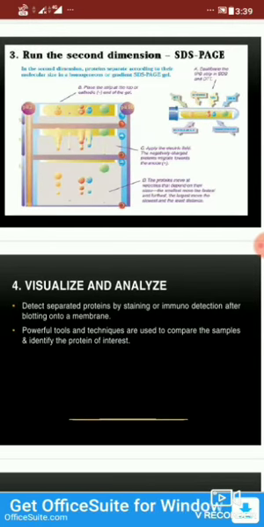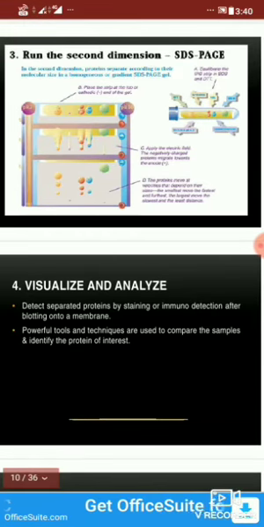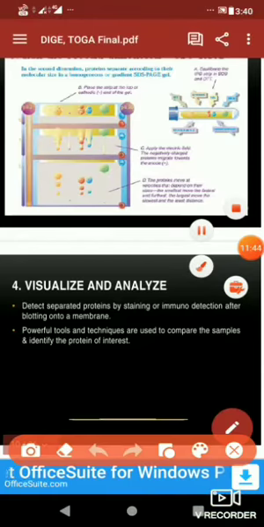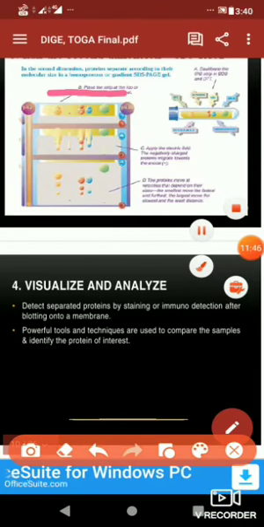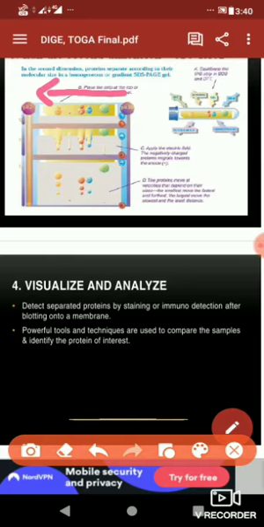Always remember that the strip that we are placing on top should be in contact with the stacking gel, so that when the buffer runs from the top, the proteins that were separated in one direction, I'll show you the direction, initially were separated in this direction, right? Now when we place this horizontally on top of the SDS PAGE, the proteins are now going to be separated in the perpendicular direction.